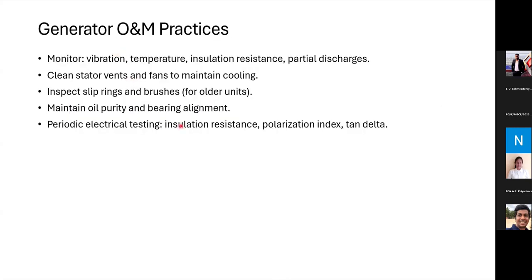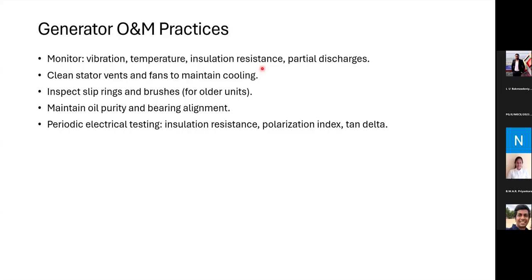With regards to the O&M practice of generators, look for vibration, temperature, insulation resistance, and partial discharges. This is an important characteristic that we check. The vibration and temperature we looked at. For insulation resistance, all the windings in the generator stator and the rotor are insulated between each of the coils.